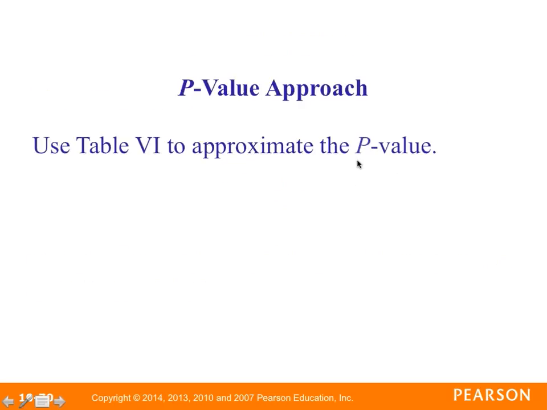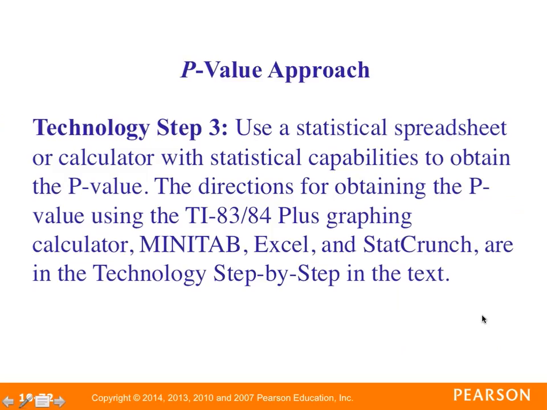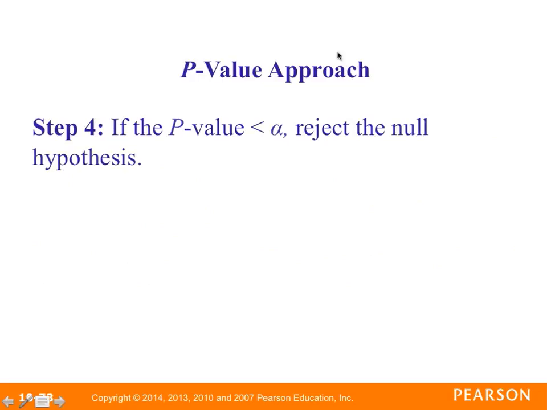And then we go ahead and look it up on our table. And we have a two-tailed test again, left-tailed or right-tailed, or you can use technology to look up these values as well. So you could use your TI-83, 84, or Minitab, Excel, StatCrunch. Those instructions are all given in the textbook. Now we make our conclusions the same way.